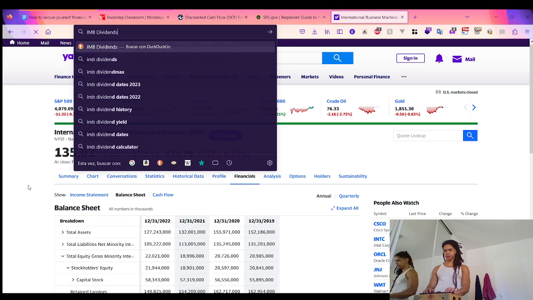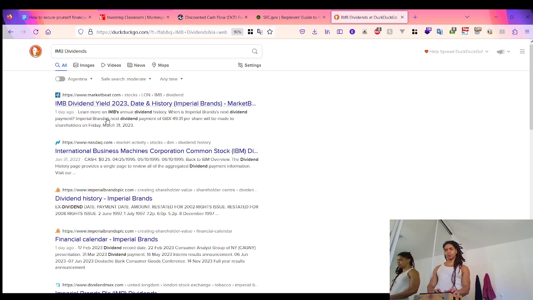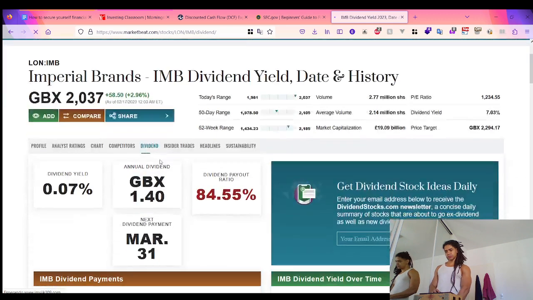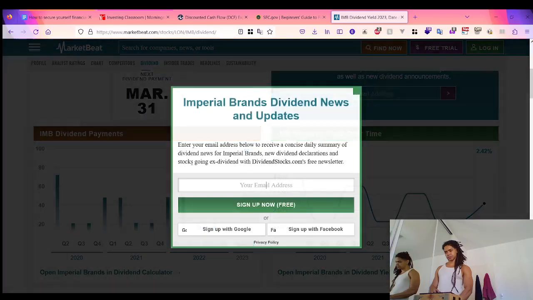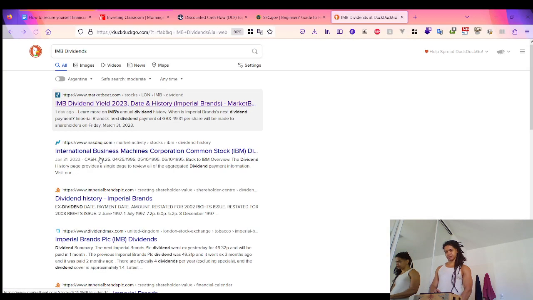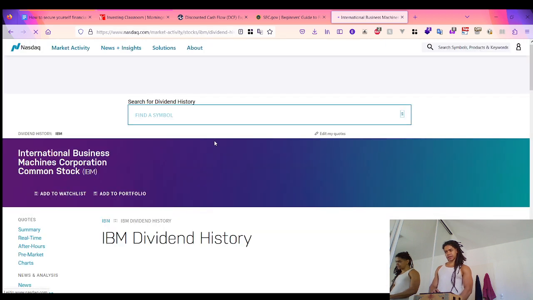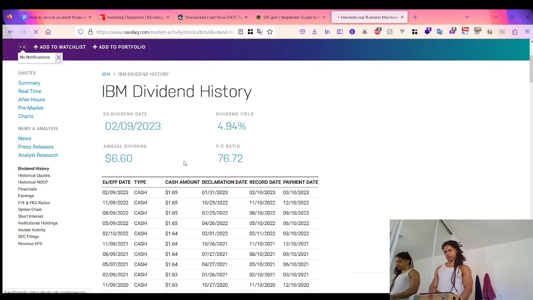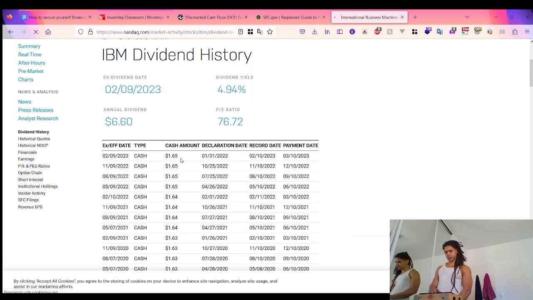Right, IBM does issue dividends. Dividend yield, dividend payout ratio. Okay, the Nasdaq, dividend history. IBM dividend history.